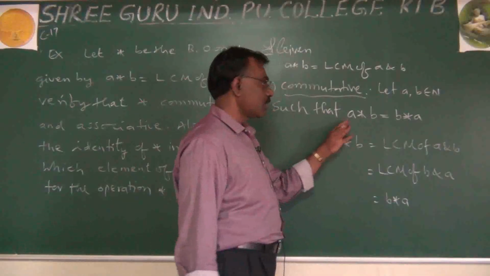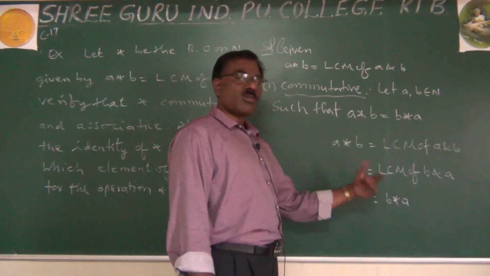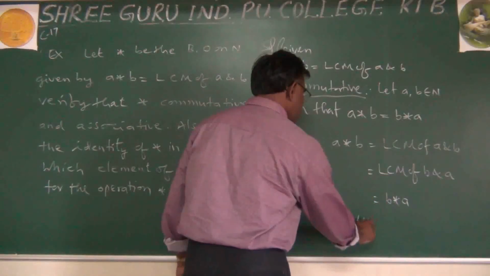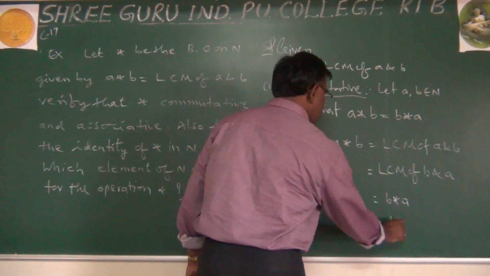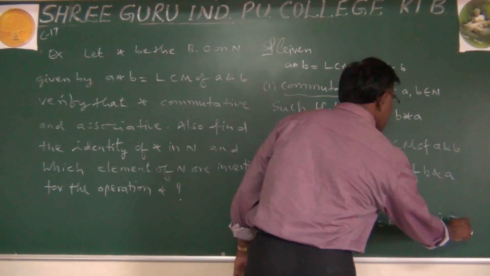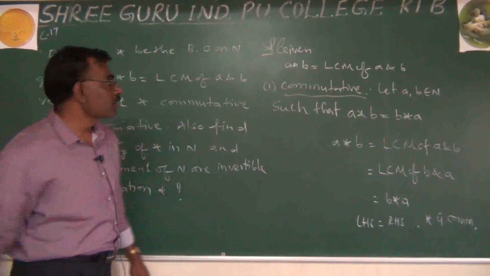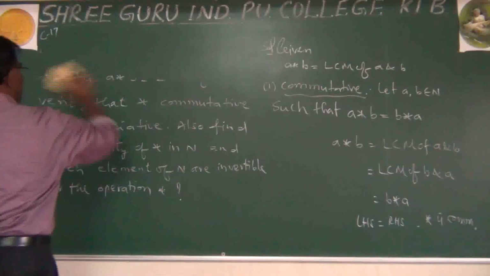For A star B, LCM of A and B; for B star A, LCM of B and A. So LHS equals RHS. Therefore, star is commutative. Then what is the next?